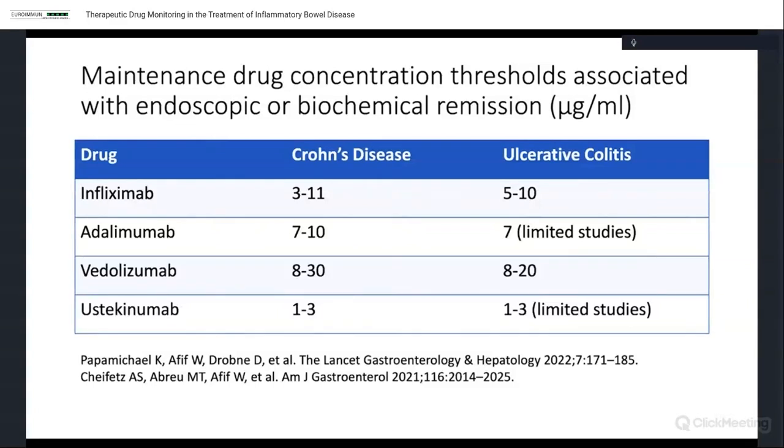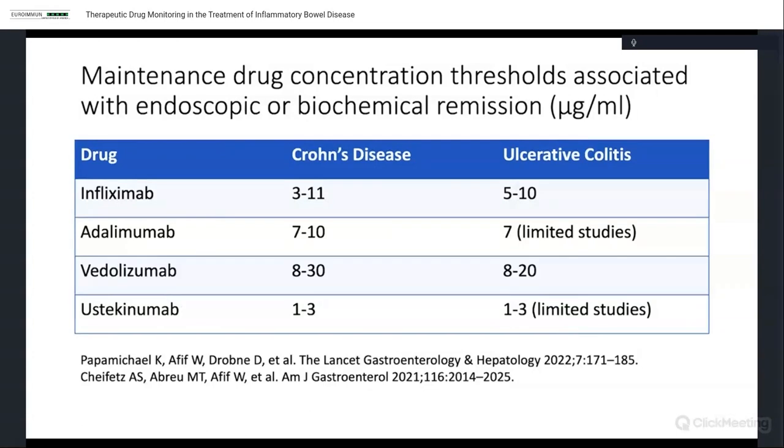So as I said, there are many studies associating drug concentrations with outcomes. This slide is an attempt to summarize the results of dozens of studies. And what I've chosen to show here are concentration thresholds associated with either endoscopic or biochemical remission.